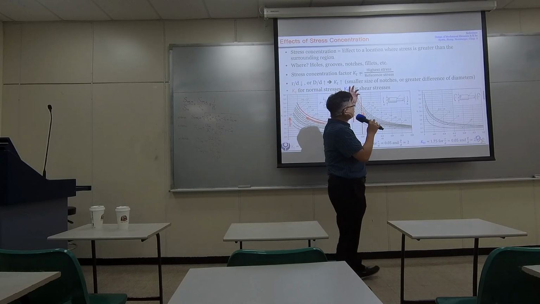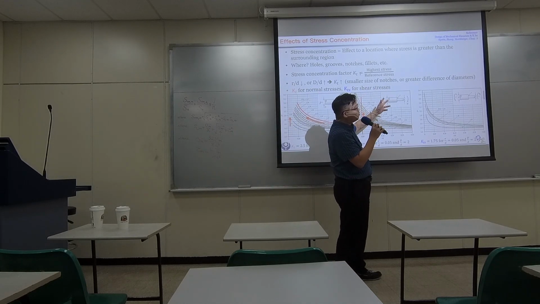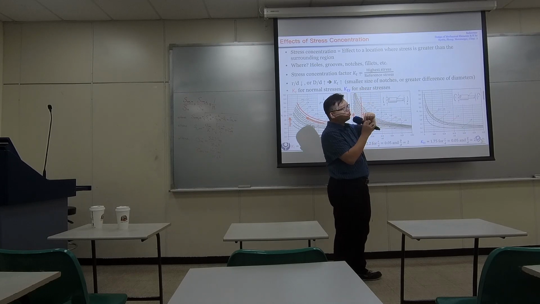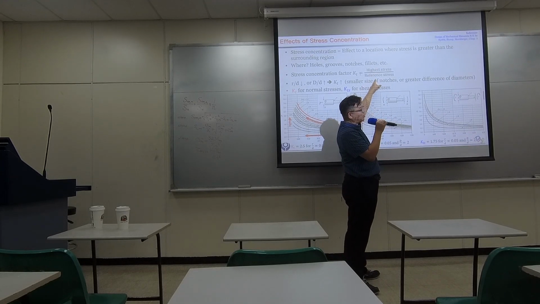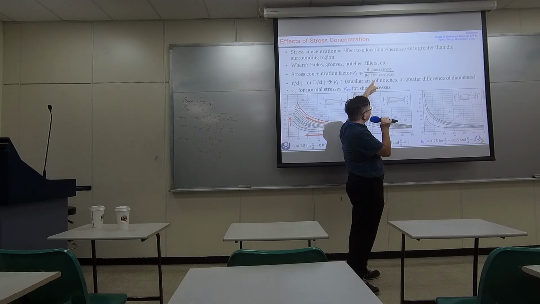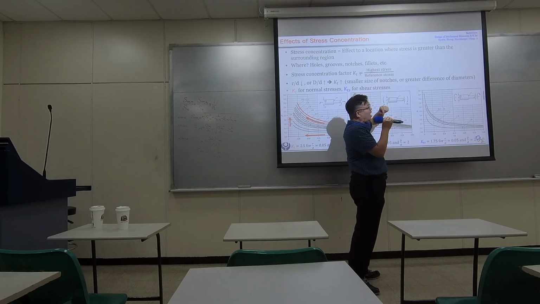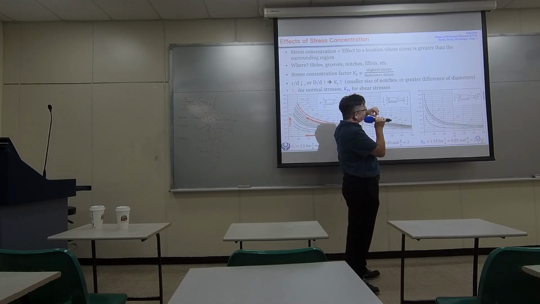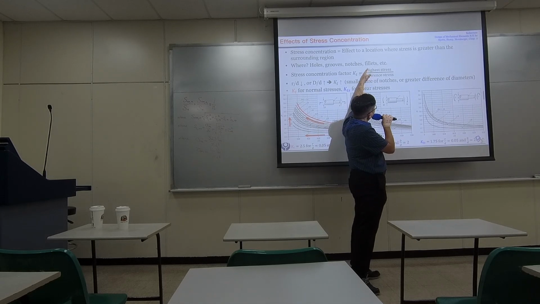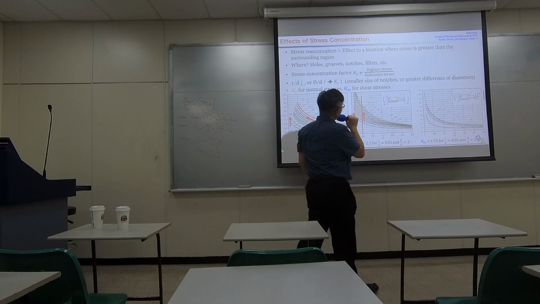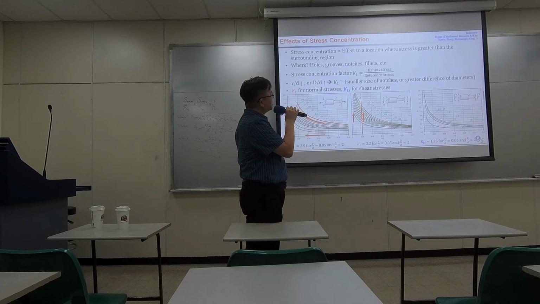So usually people do experiments to figure out the true stress value at those corners. And they are usually greater than the reference stress. So we pick the highest stress value of the geometry and divide it by the reference stress in order to get this K value.